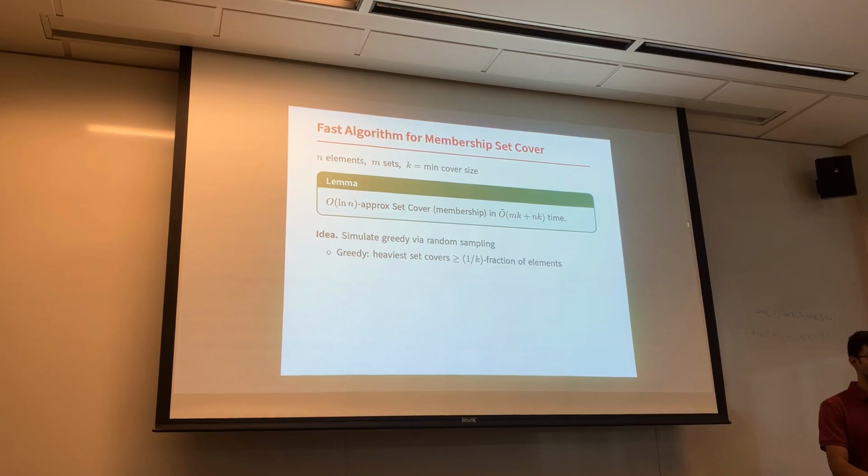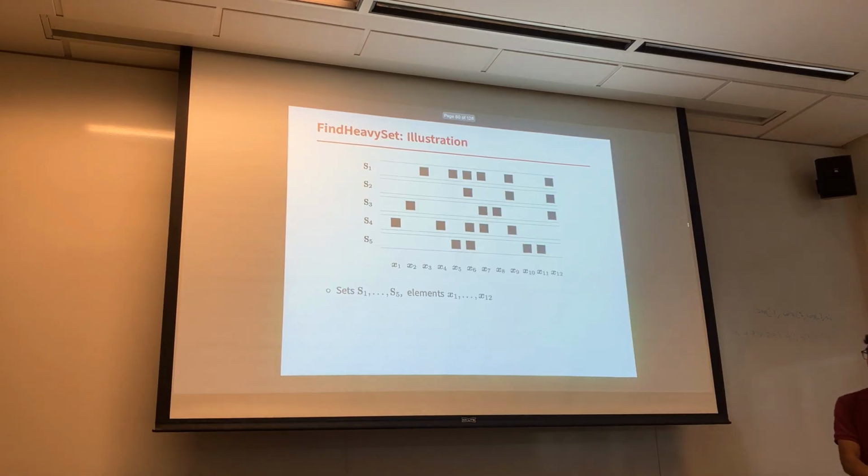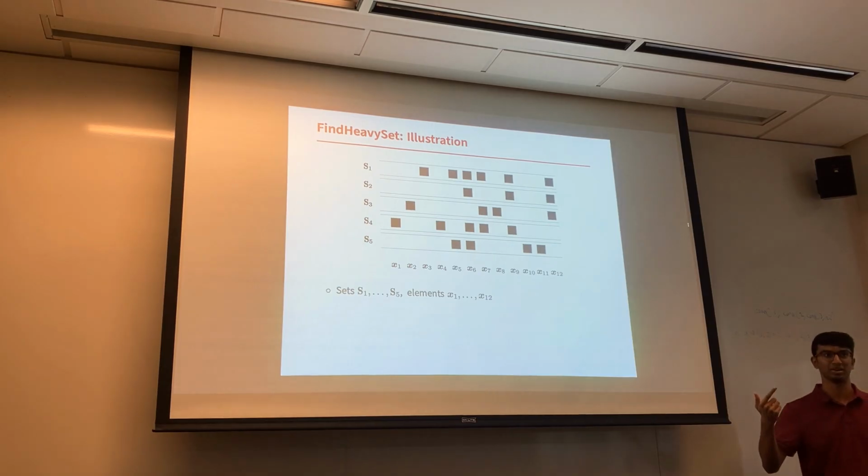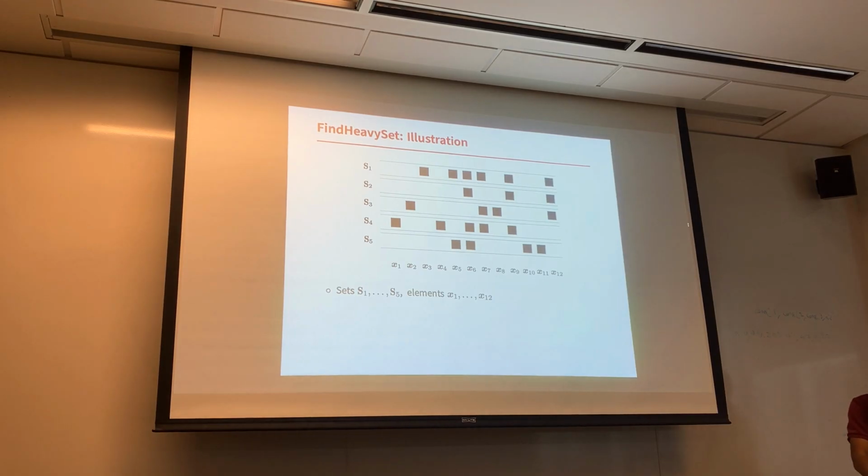Let me do an illustration of how this is going to work. In this diagram, we're just given a set cover instance with 5 sets and 12 elements. I just want to give the idea of how we're going to find a heavy set. We're going to start by sampling a small number of sets, let's say S2 and S4.